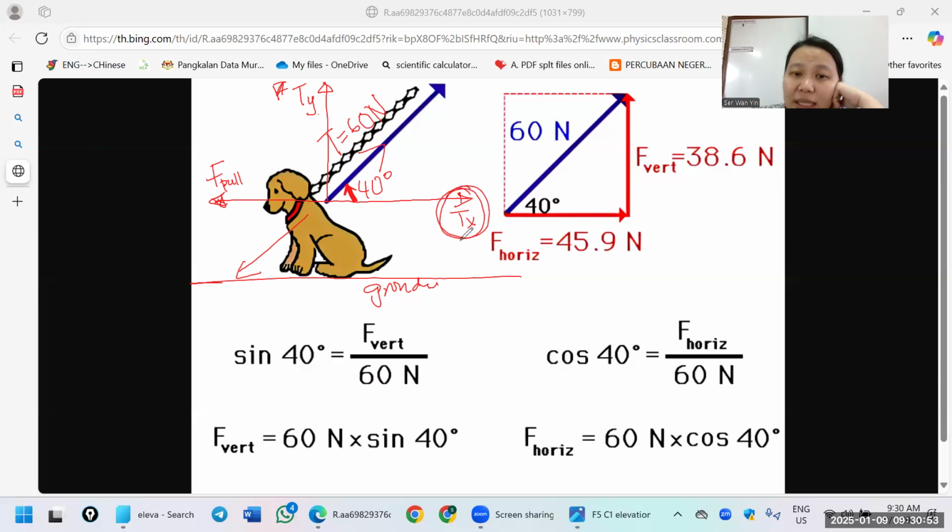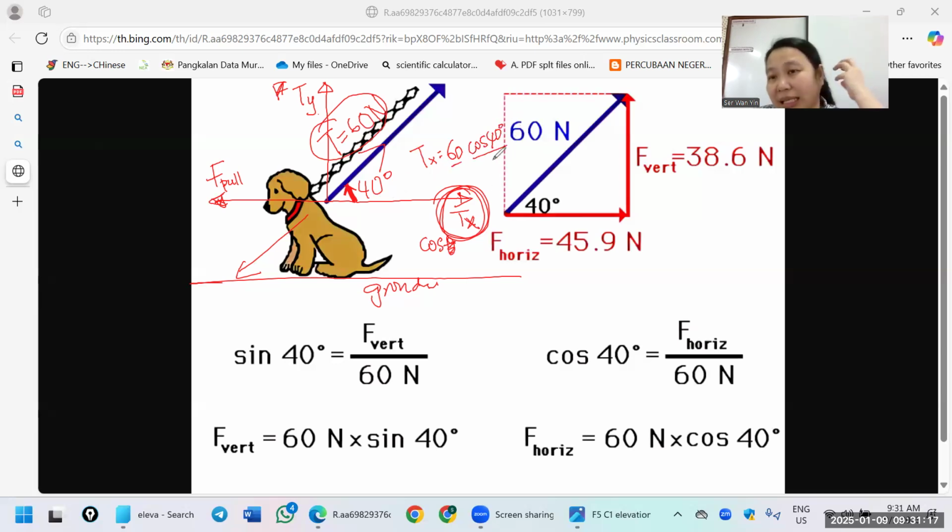I mean, does Tx touch it? Yes. If it touches, we use cos. So how to get Tx? The simplest way is we use the original force, sine or cos theta. So if this is touching, we use cos 40, and that's it.